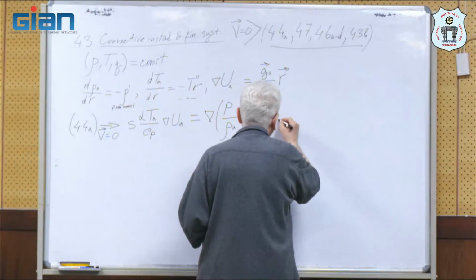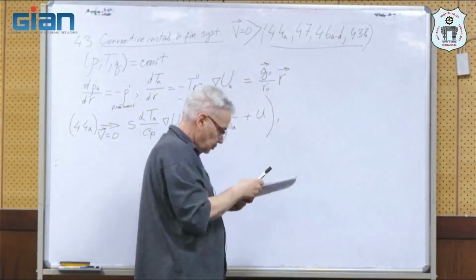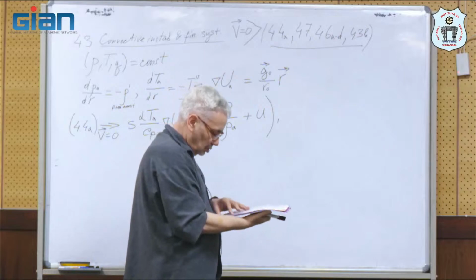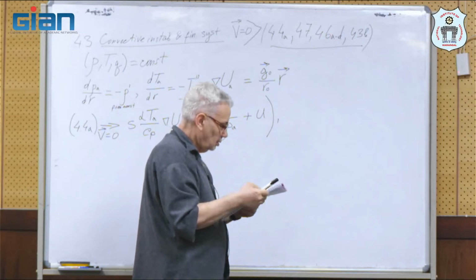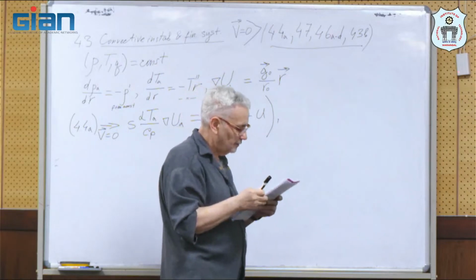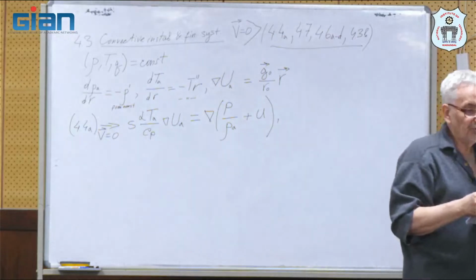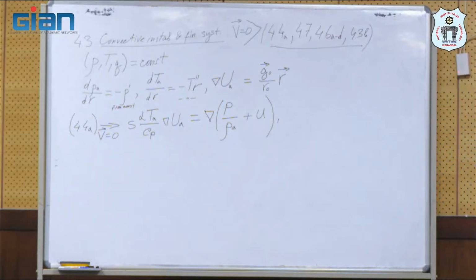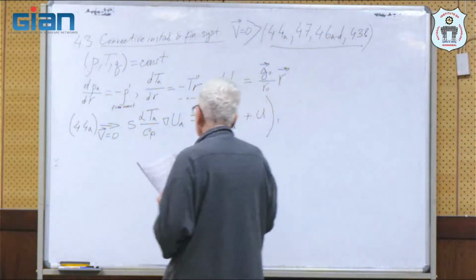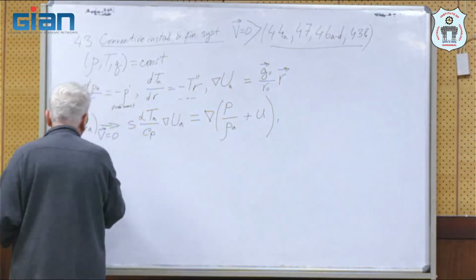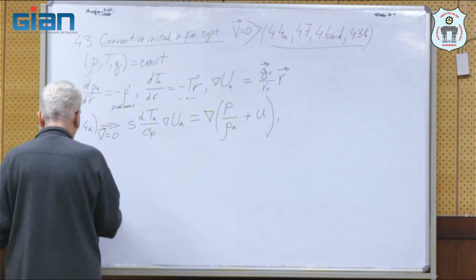Then the next equation is for 7. This equation for 7, again under the condition that it's constant and independent of time.